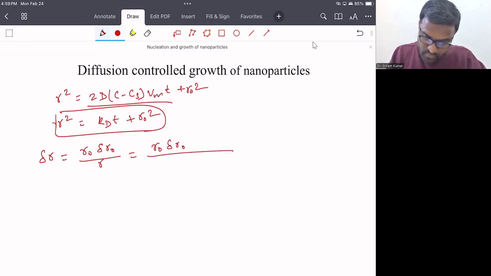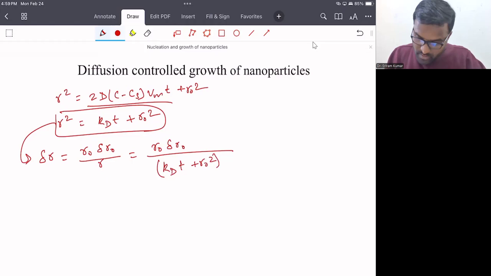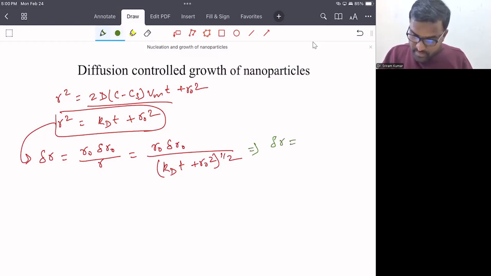If we put this value here, we have delta r divided by (Kd t plus r0 square) to the power 1 by 2. So the change in the size of the particle is inversely proportional to t to the power 1 by 2.